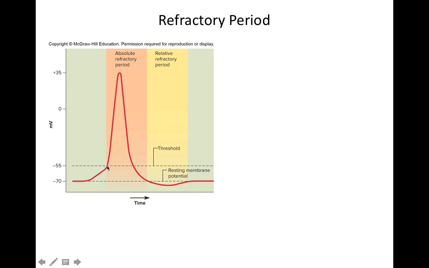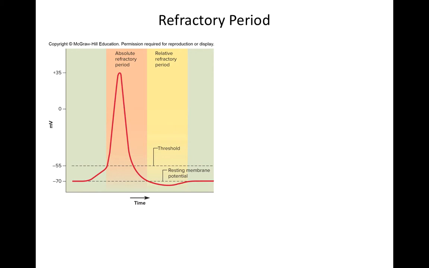We hit threshold, we go up, sodium's coming in, we come down, potassium's coming out. We have to get basically to resting membrane potential again before we get out of what's called the absolute refractory period. No matter what amount of stimulus you were to apply to the neuron during this period of time, you could not stimulate another action potential.